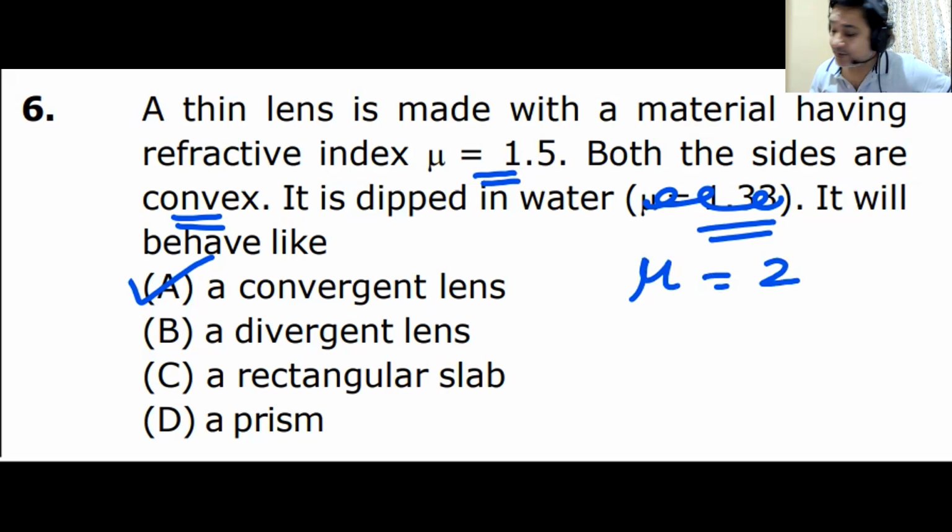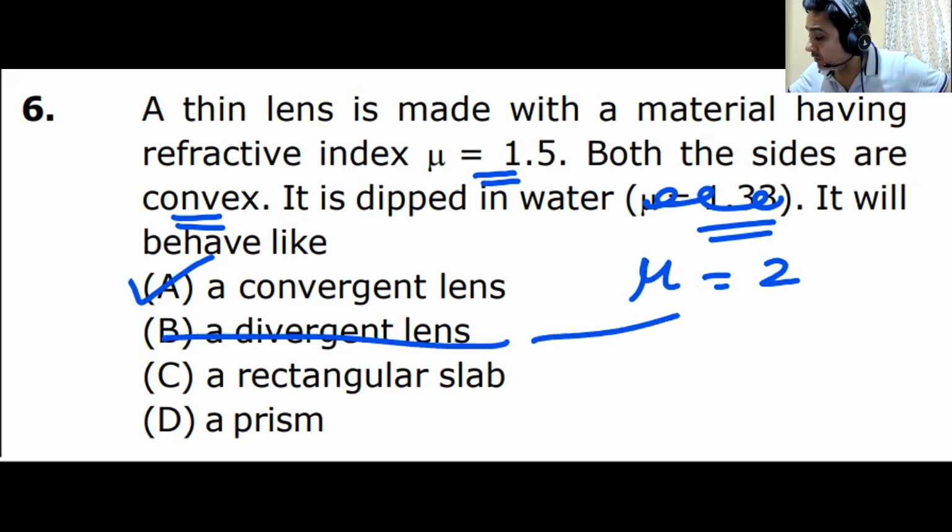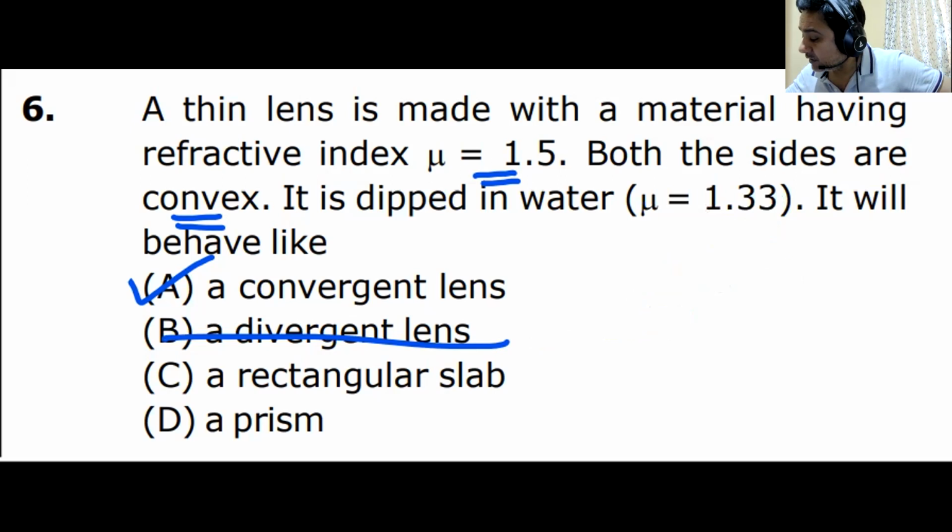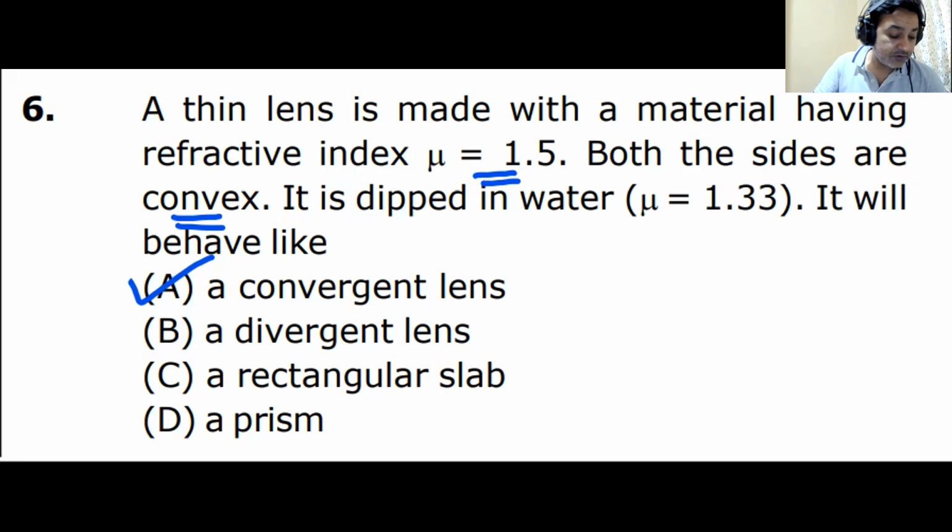Then the answer would have been a divergent lens, because now it would be placed in a denser medium. But in the original question, it is still placed in a rarer medium, and therefore the answer to this one is A. It will still behave as a convex or converging lens.